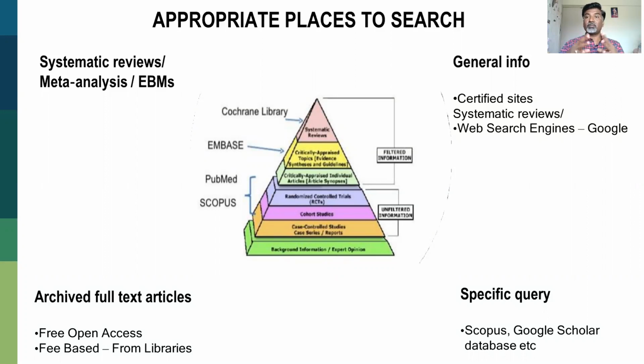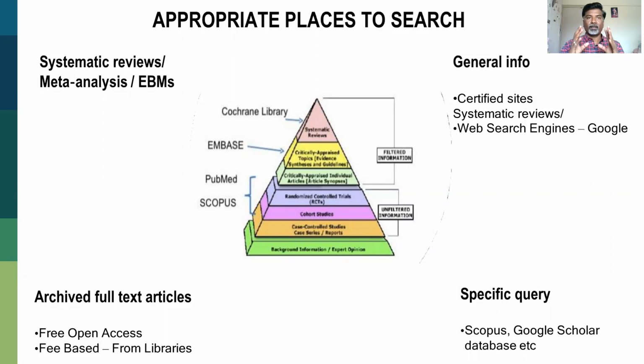Also, you have to refer to some general information from different certified sites, because if you are referring to websites, then that website should have some authenticity. So if you refer to those websites, then that is also a good literature review part.